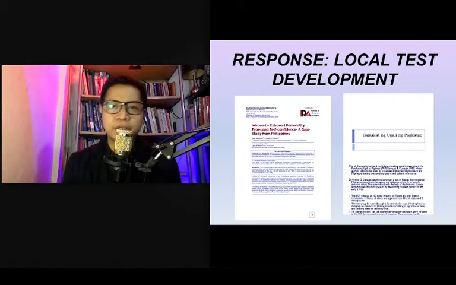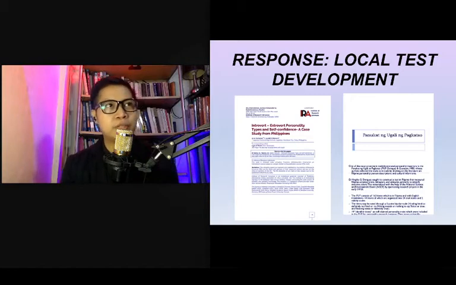Like for example, ginagawa na naman to, no, in the field of psychometrics, personality test. Ang problema sa personality testing in the Philippines, most personality tests that we use are foreign. Mga pangalan pa lang, di ba? Like, let's say, Myers-Briggs Type Indicator. Si Myers at si Briggs, hindi naman mga Pilipino yan. Di ba?